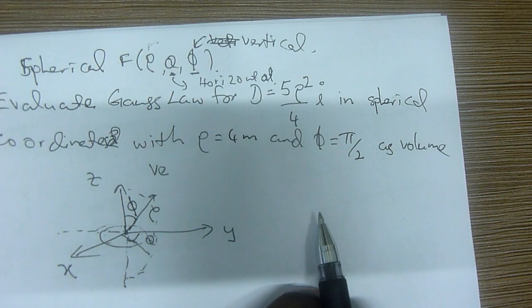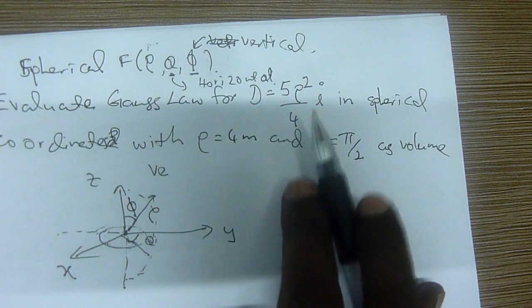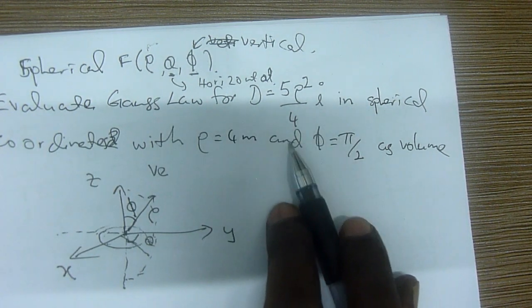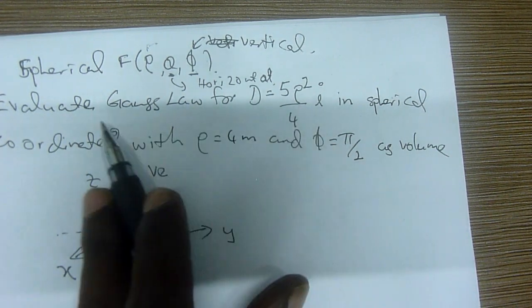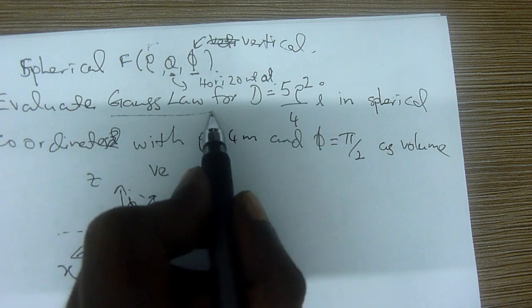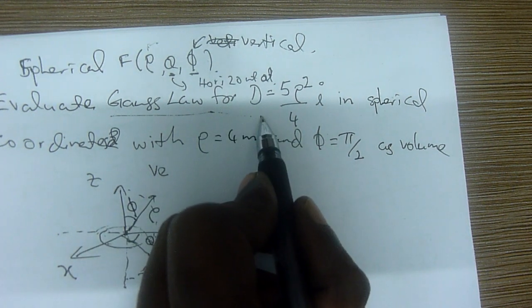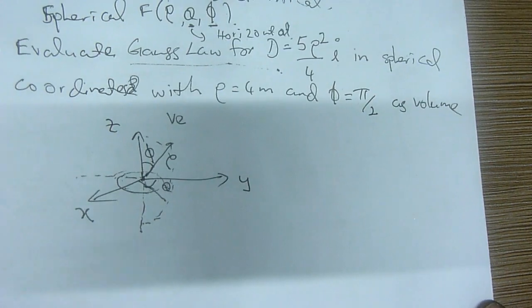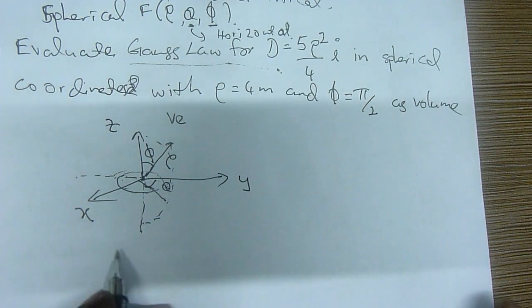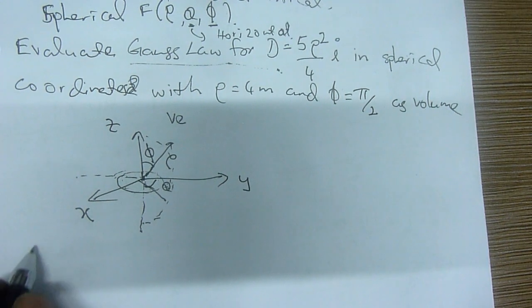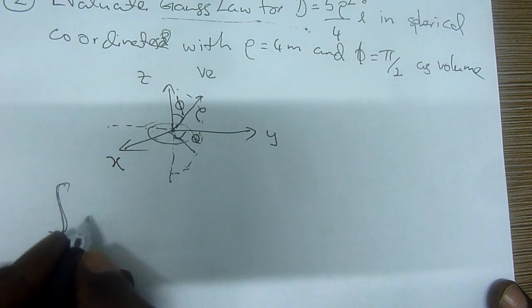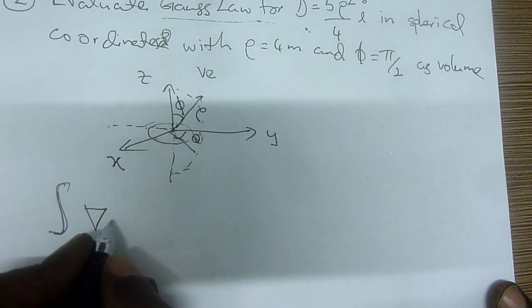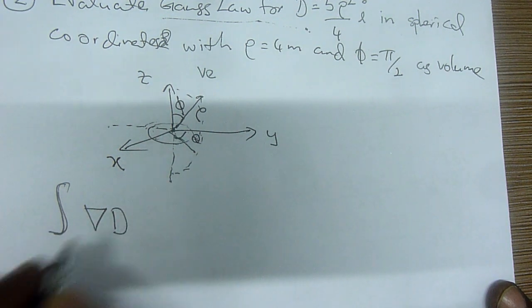One more problem that I noticed in this question, the biggest problem, is here. They want you to use Gauss's law for D. In order to solve this, we go back to the original. Gauss's law is we take D dot dS equals the integral of rho dV.